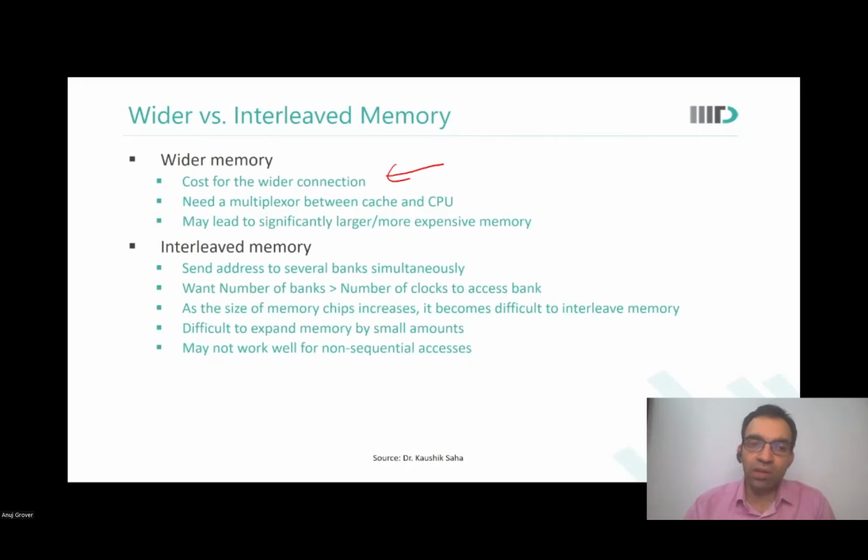Each die is smaller in area, so each die has a better yield, and all those things. The only challenge is, if you want to expand the memory by a little amount, just let me add just 2 gigabytes to this 128 gigabytes memory, that will not be possible, because in interleaved memory you have a very clearly defined structure.